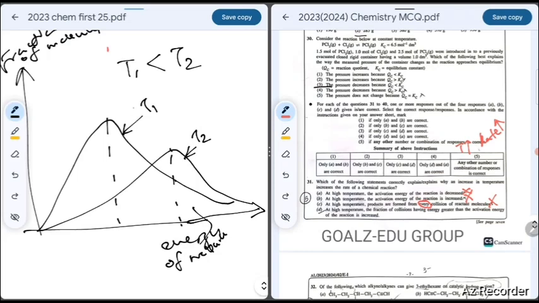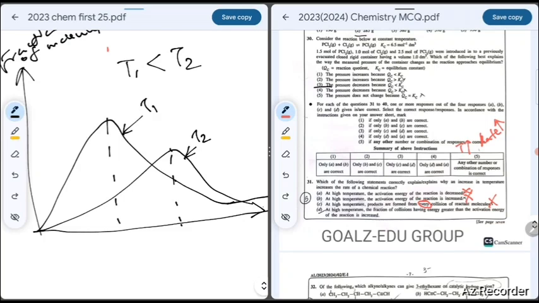This graph should shift towards the right direction. In this direction, energy increases, since this axis is the energy of the molecules.